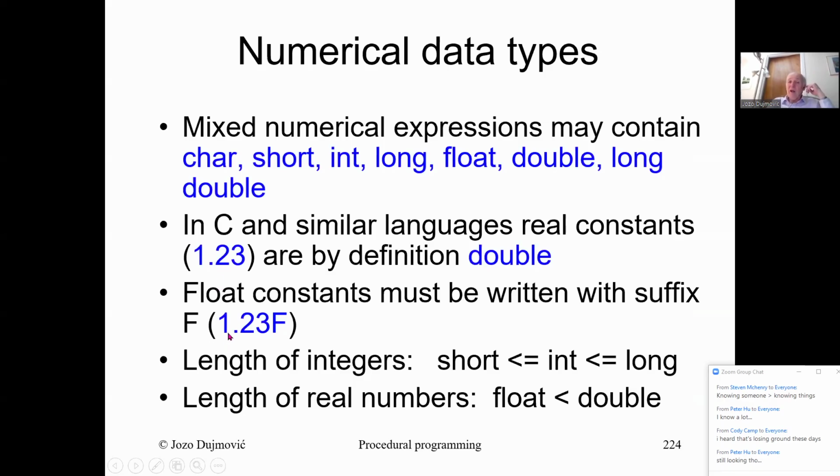If you write 1.23f, this is going to have not 64 bits, but only 32 bits. It is going to be shorter. Therefore, we have reason to think: are we going to work with a double precision number or a single precision number?